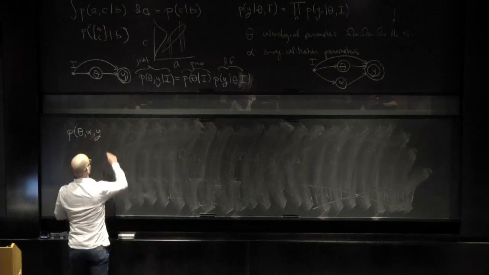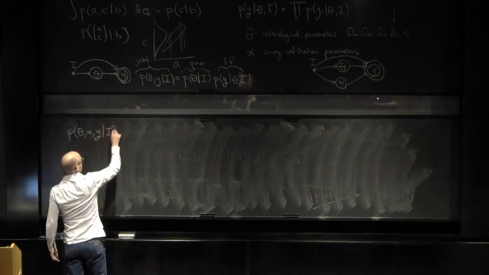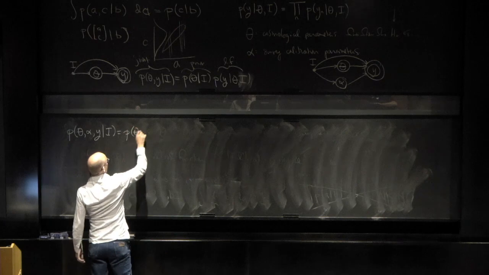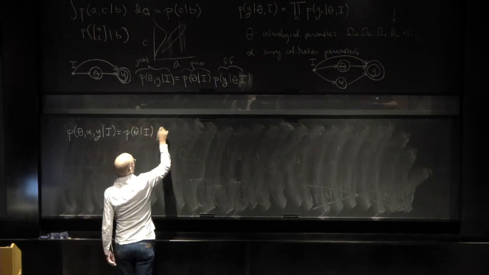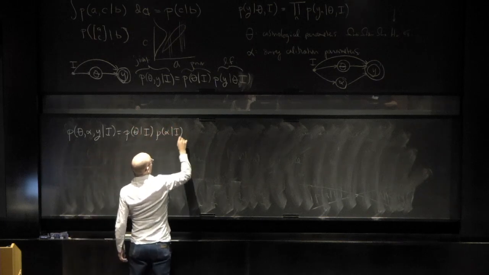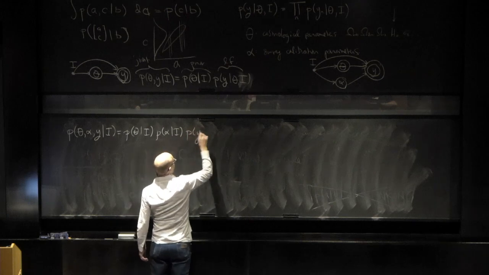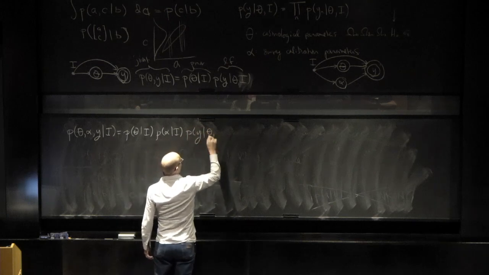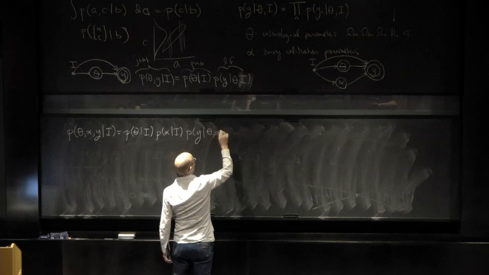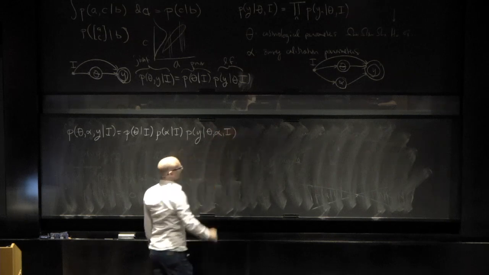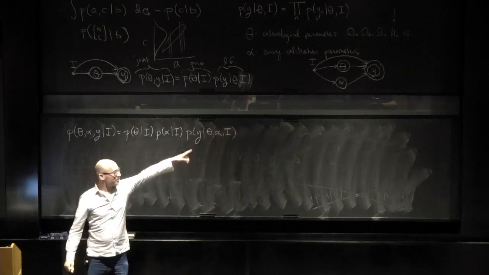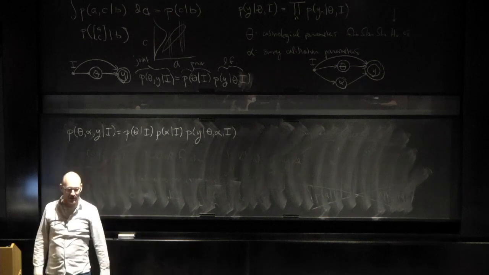The probability of all three, given the assumptions, is the probability of theta given the assumptions, times the probability of alpha given the assumptions, times the probability of y, the data, given the parameters, the nuisance parameters, and the assumptions. That is the factorization of probability for that graphical model.